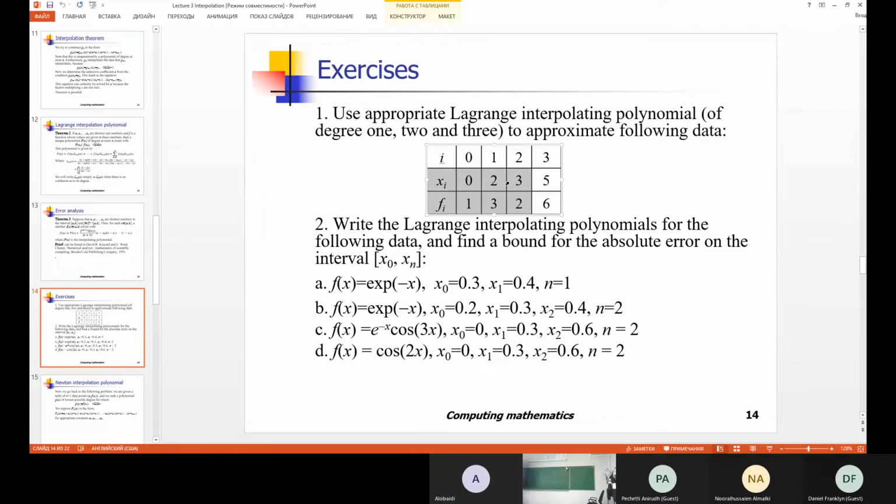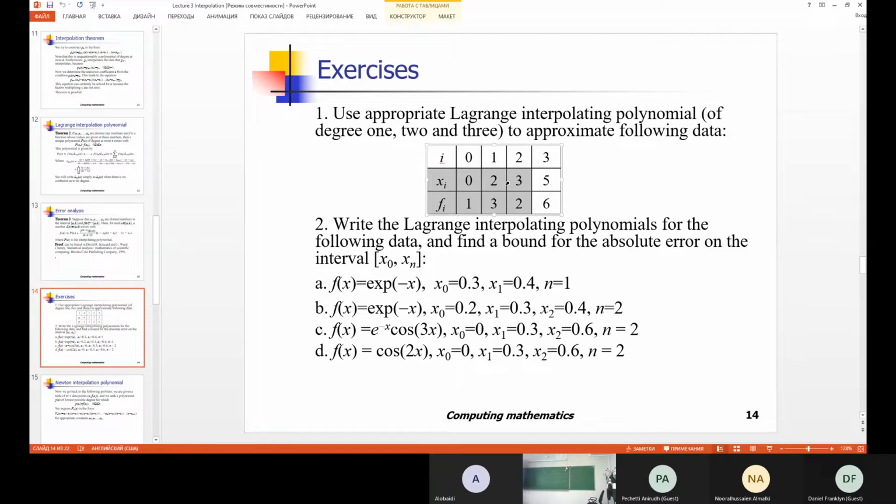Here 9, you lose x. It's not x squared minus 3x. You lose x, please. 3 over 6, right? And here 2 over 6, okay. But here x squared minus 5x plus 6, okay.